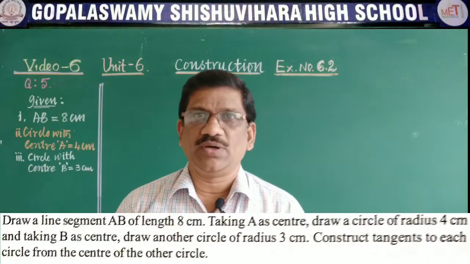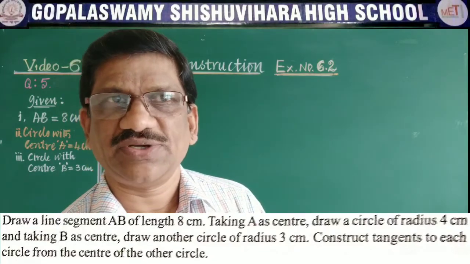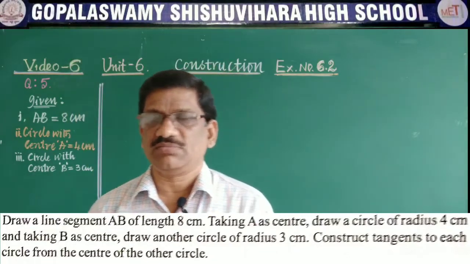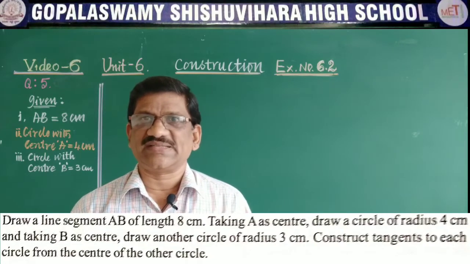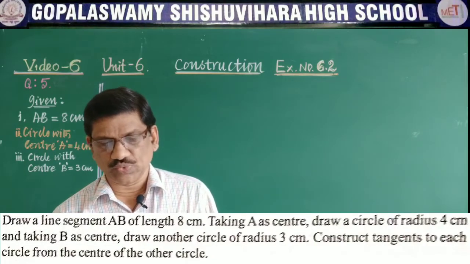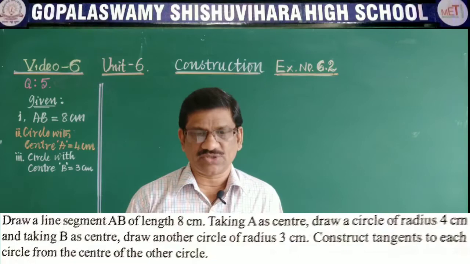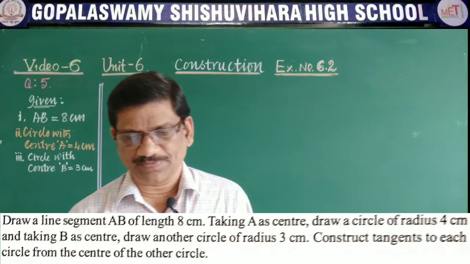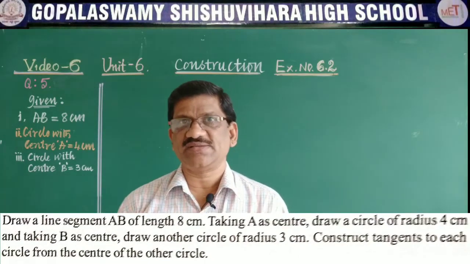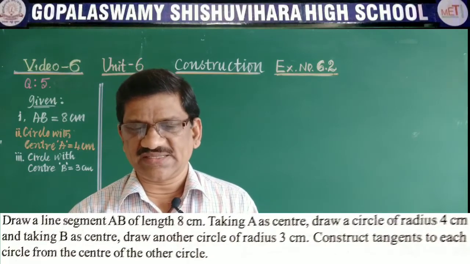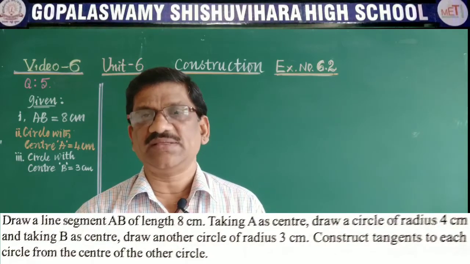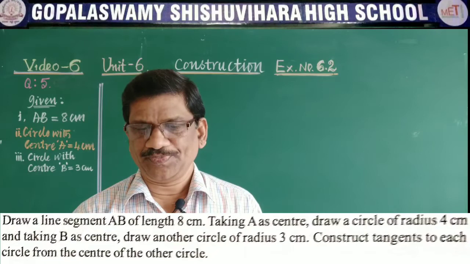Good morning to all. So we shall move on to the next question in exercise 6.2. What is the next question? It is the fifth question. Okay, you see what it says. Draw a line segment AB of length 8 centimeter.